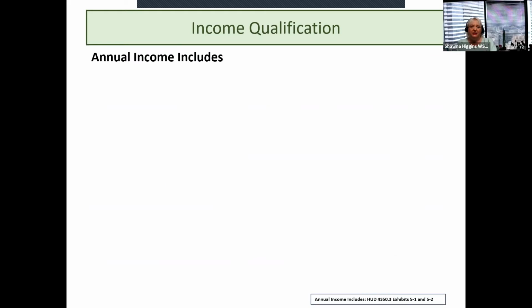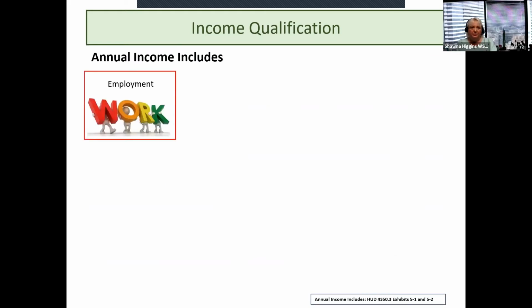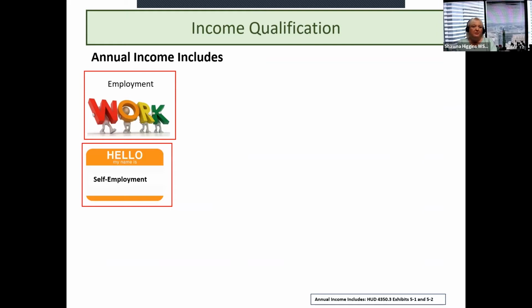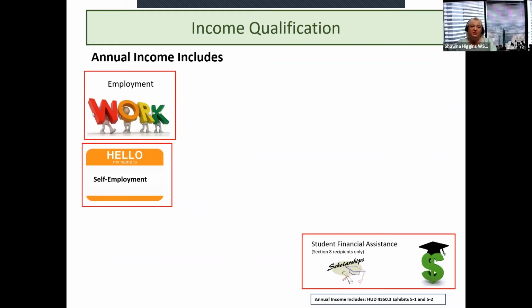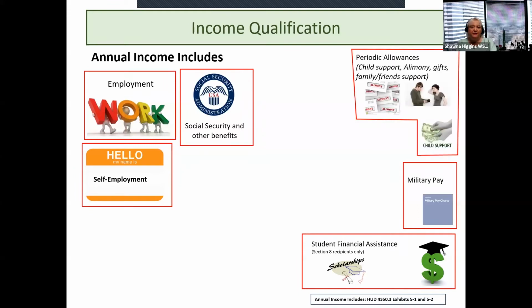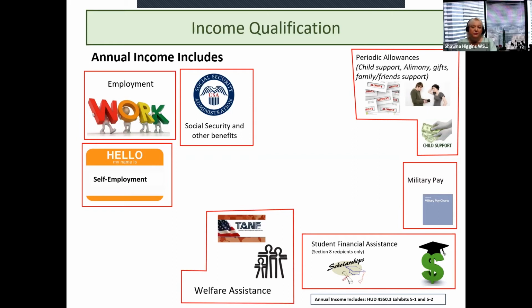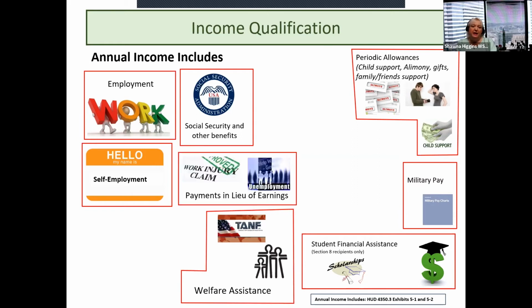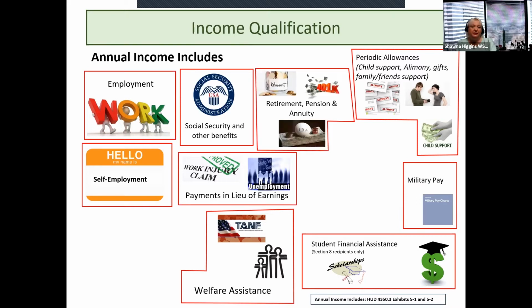Annual income includes work, employment, self-employment, student financial assistance, and that's only for Section 8 recipients, military pay, Social Security and other benefits, periodic allowances, child support, alimony, gifts, family and friends support, TANF, which is welfare assistance, workers' comp, payments in lieu of earnings, unemployment.